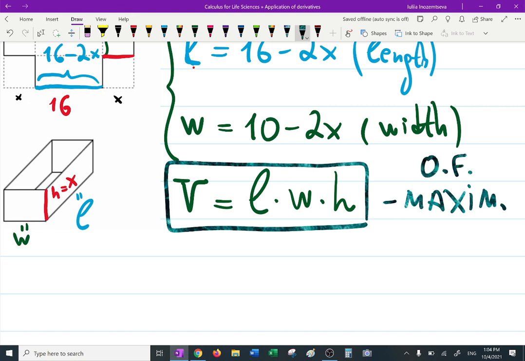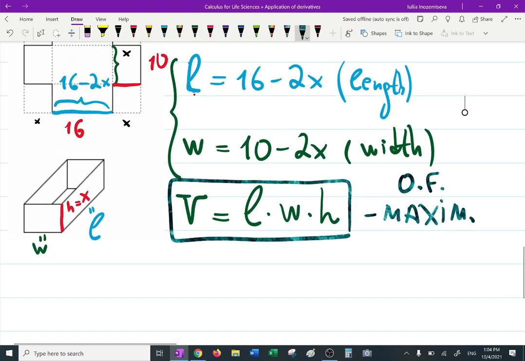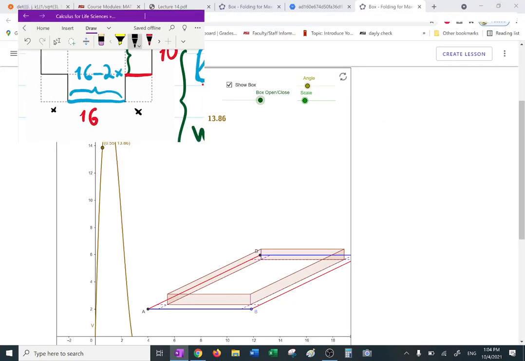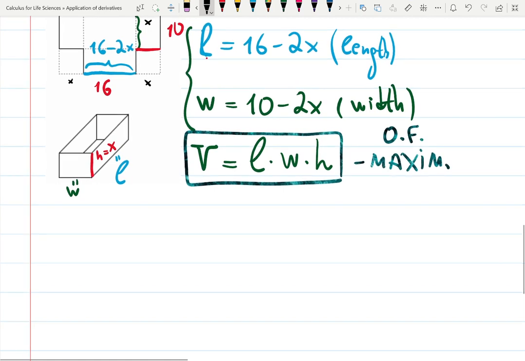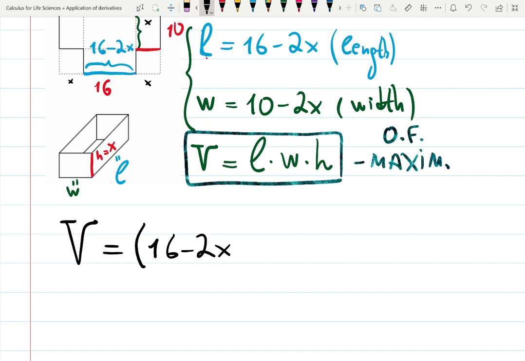This is my objective function. Objective function, by definition, is the function we need to optimize, in this case maximize. I would like to differentiate it and so on, but it has 3 variables now. That is definitely too much. So I will rewrite it in terms of x. V is, l is 16 minus 2x, that's my length.